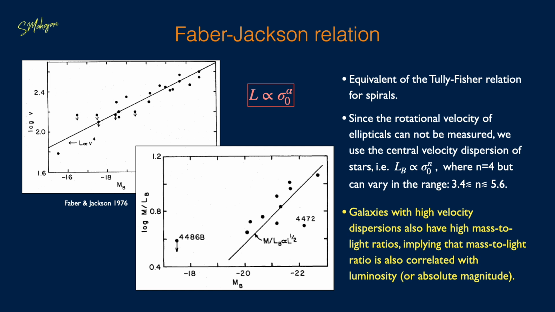But galaxies with high velocity dispersion are also known to have high mass to light ratio. That is, they are more massive than the sum total of their stars and gas, in turn meaning that they have a lot of dark matter. These correlations therefore imply that galaxies with high velocity dispersion are more dark matter dominated than their low velocity dispersion counterparts.